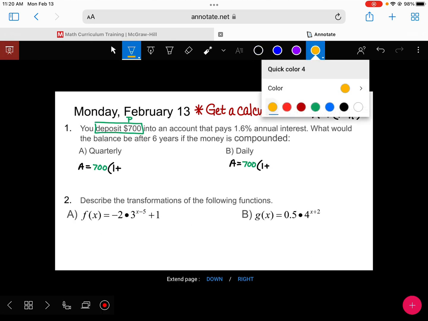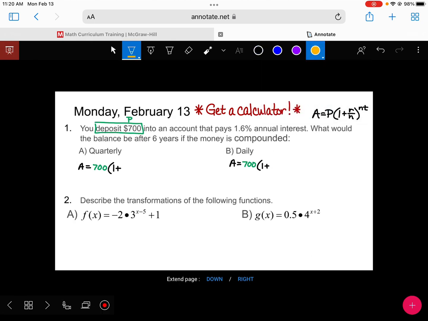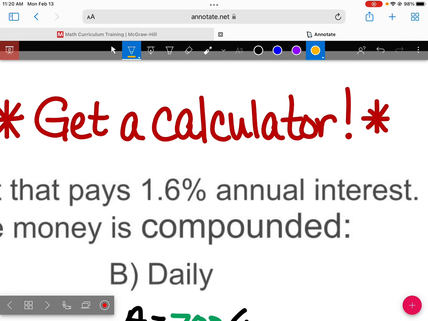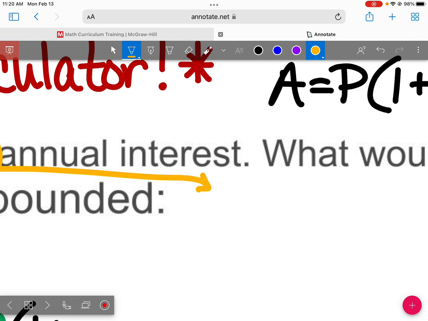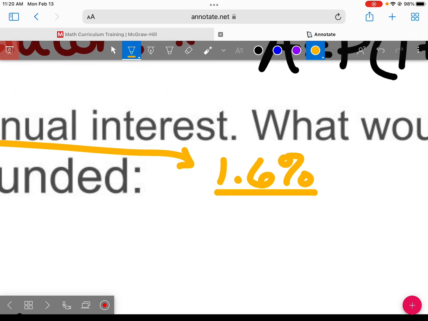Where do I go looking for the numerator of that fraction for r? 1.6, yes, the rate. Do I use 1.6 in the problem? You got to divide it by how much? 100. Why 100? Because that's what cancels out the percent sign.